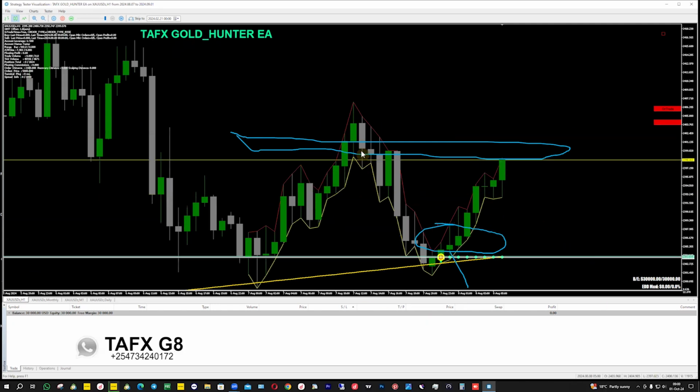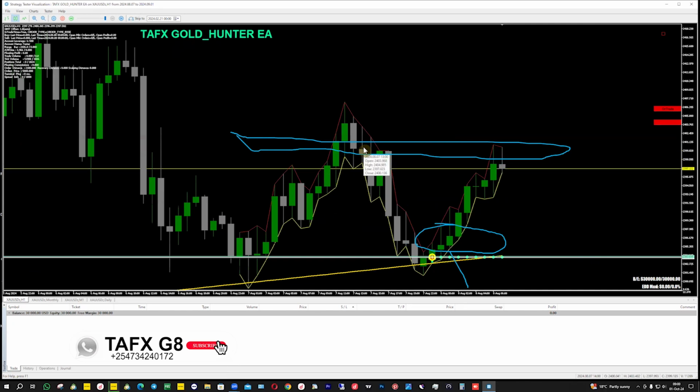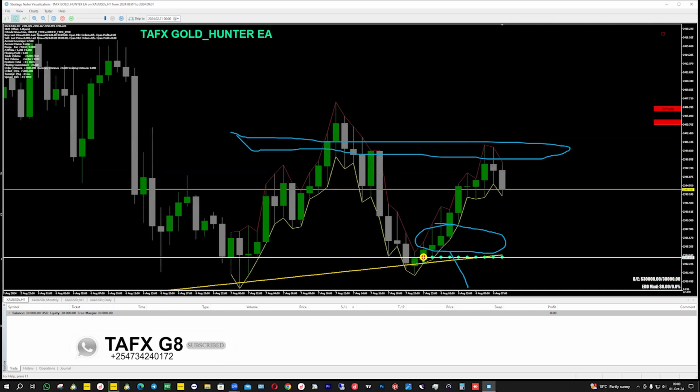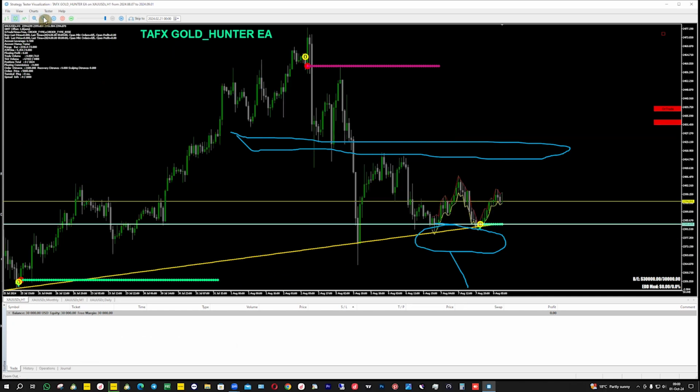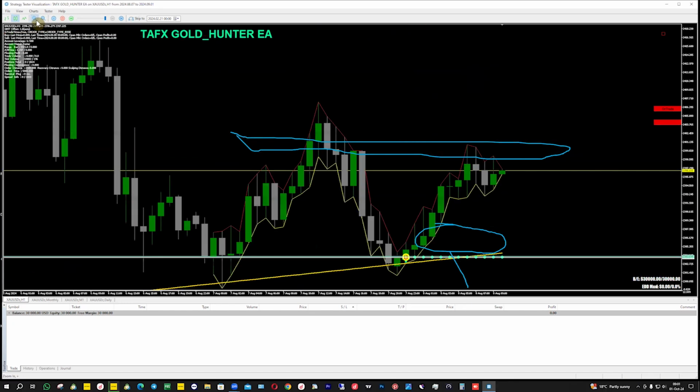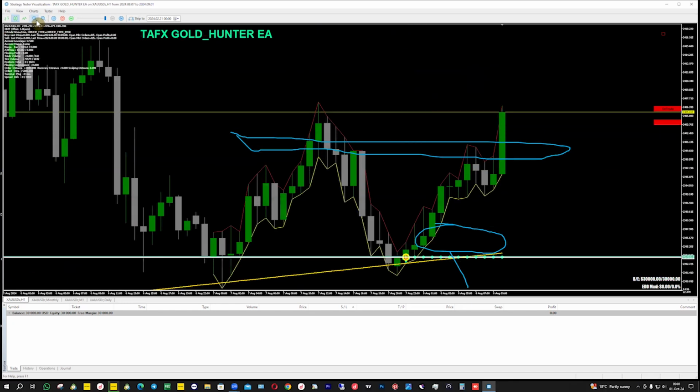Engineer is confirmed. Break of structure is confirmed. Change of character is confirmed. Everything is confirmed, and it is still a good buy trade. You can see from this place, it is still a buy trade. Some say, oh, there was a change of character here. This is 1 hour. No, it doesn't work like that, my friend. I know if it was as simple as that, everybody would be a billionaire by now.